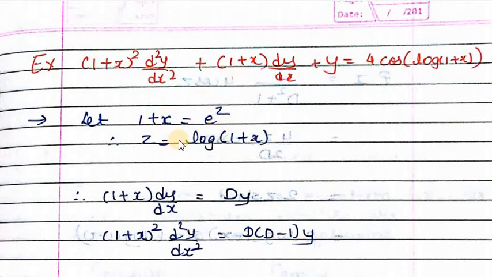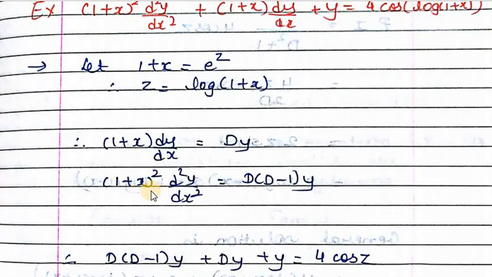Now taking logarithm on both sides, we have z equals logarithm of 1 plus x, and replacing (1 plus x) dy by dx by Dy, because the coefficient of x is 1 and here 1 into Dy, the result will be Dy. And replacing (1 plus x) the whole square d square y by dx square by 1 square D(D minus 1)y, and the 1 square is 1, so replacing this function by D(D minus 1)y.